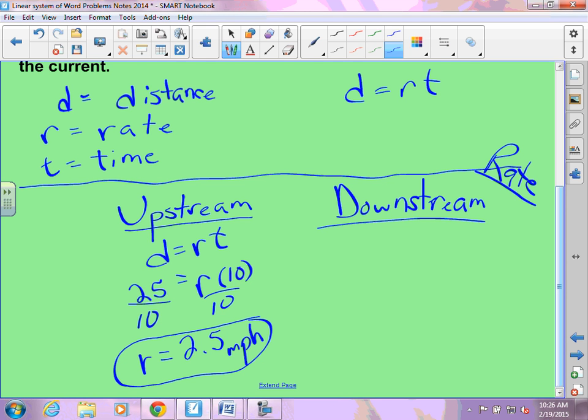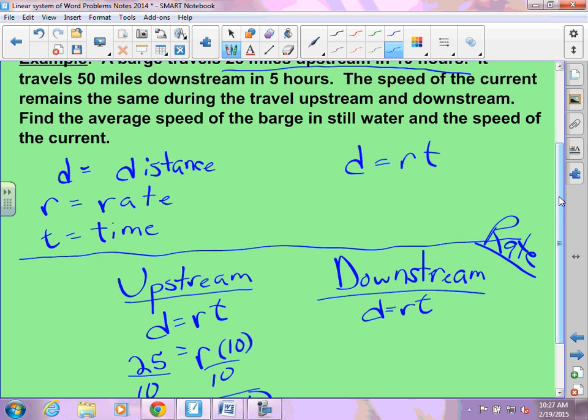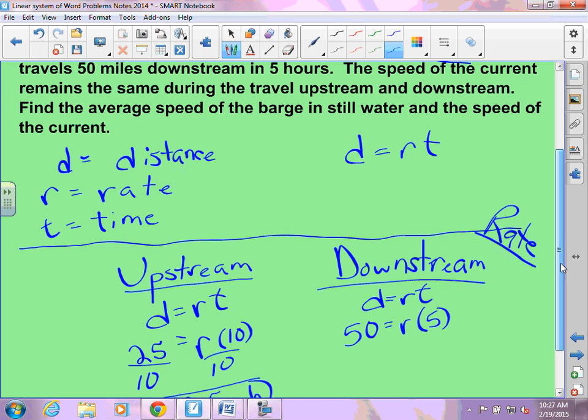Right, let's go downstream now. Same formula, D equals rate times time. How far are they going? 50 miles. I don't know my rate. What's my time? 5. What do I do? Divide by 5.